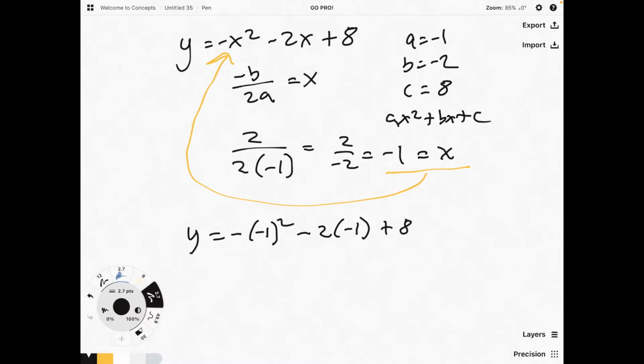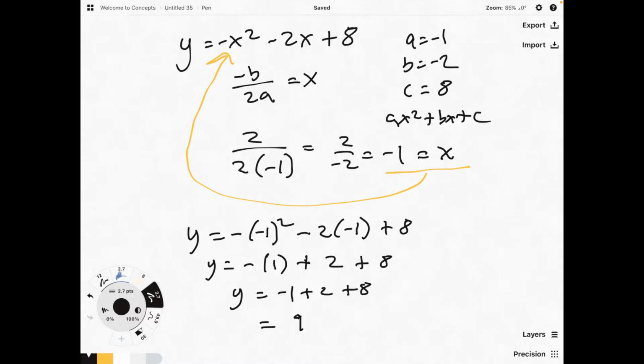We simplify this: y equals negative 1 squared is equal to 1, and we do minus a negative 2, so that's plus 2 plus 8. Y equals negative 1 plus 2 plus 8, and we are left with 9. And so this is our y value.